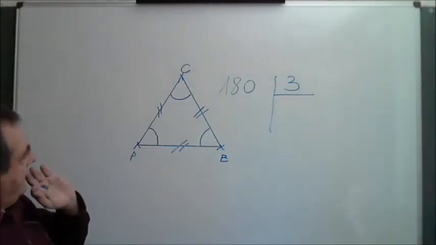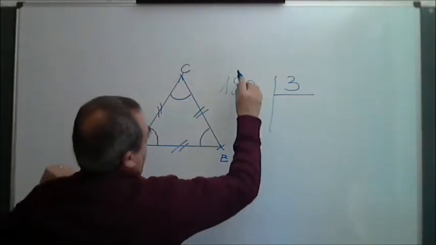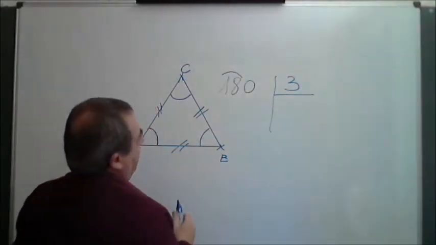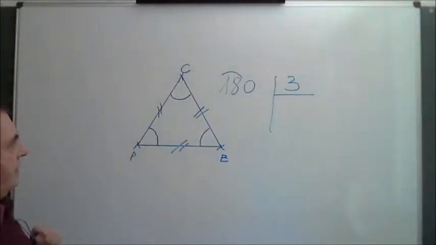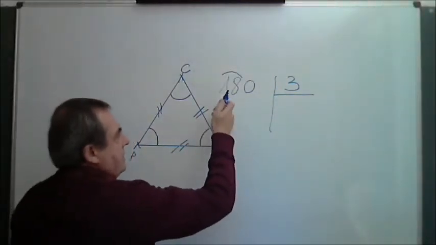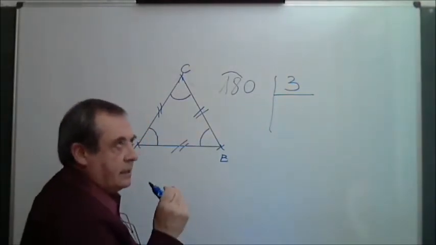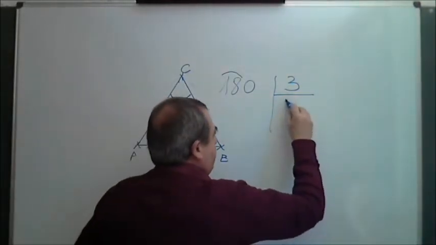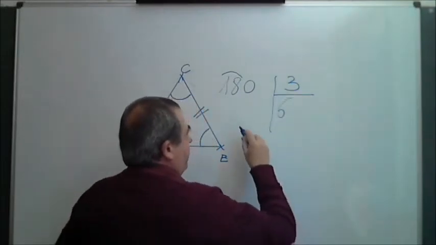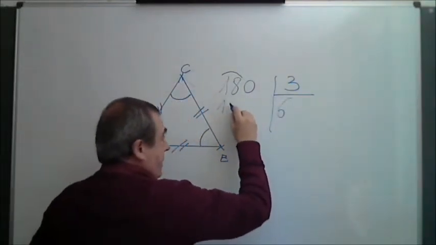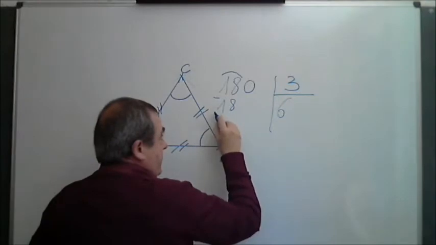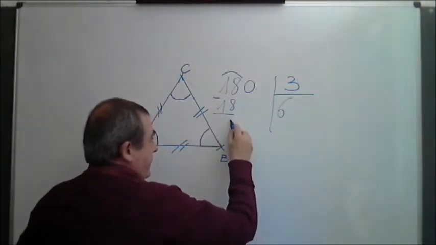So, to divide, I take first 18. In 18, how many 3? 6. 6 times 3 gives 18. 18 minus 18, 0.